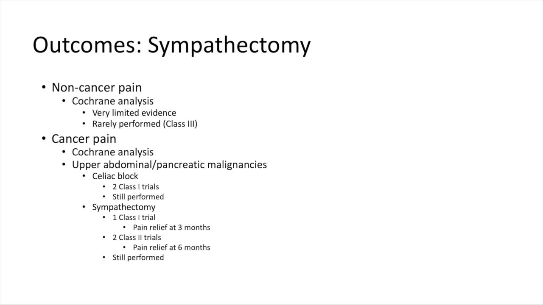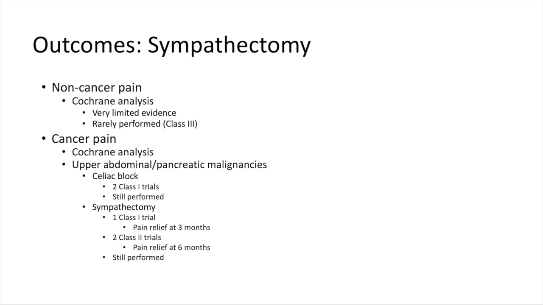Of the other 7 papers, one was a Class 1 RCT for sympathectomy for inoperable cancer pain, in which excellent pain relief was achieved for up to 3 months. 2 others, a Class 2 prospective randomized trial involving 65 patients and a prospective open-label Class 2 study involving 58 patients, both demonstrated statistically significant pain relief at 6-month follow-up in patients with pancreatic cancer.